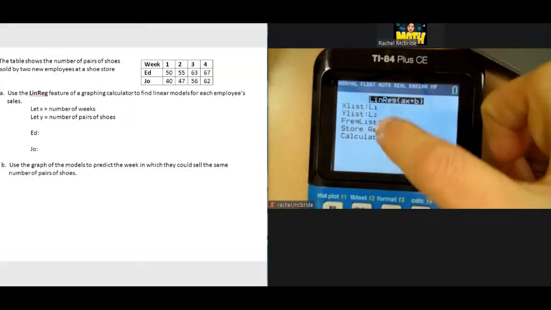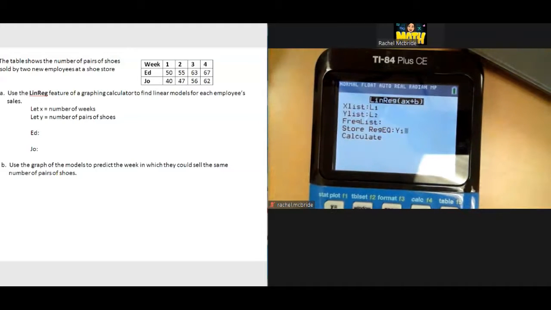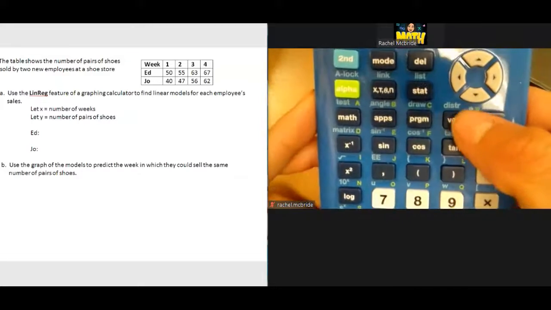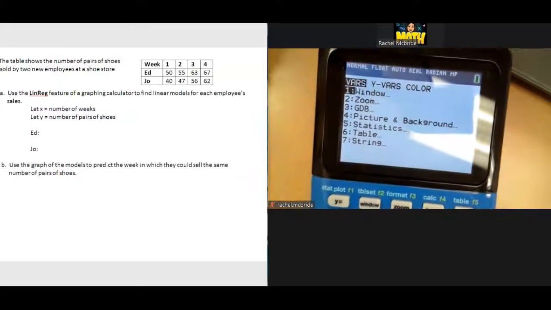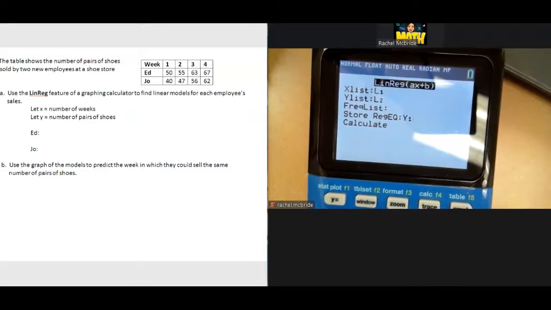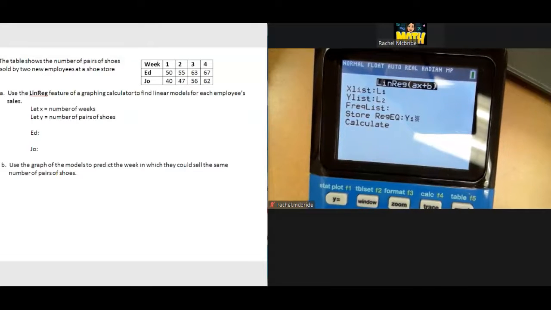Because you guys don't know how to change these. So I'm just going to have you do it once, then do it again. Where do I go? So you go vars, go over to y vars, enter function, enter y1. And then you go down to calculate.